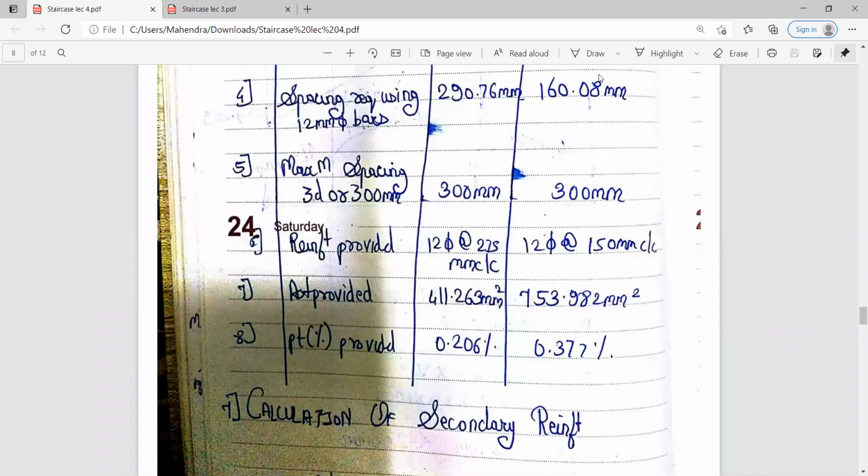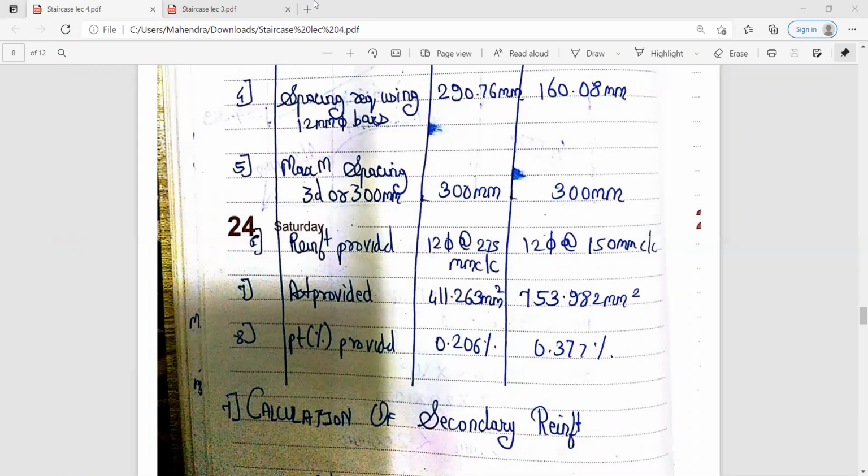Then for calculating the percentage minimum, again you are going to use the formula, that is Ast provided upon b into d into 100. After using that formula आपको percentage मिलता है for flight 1 and 3 as 0.206%, and for flight 2 it is 0.377%.